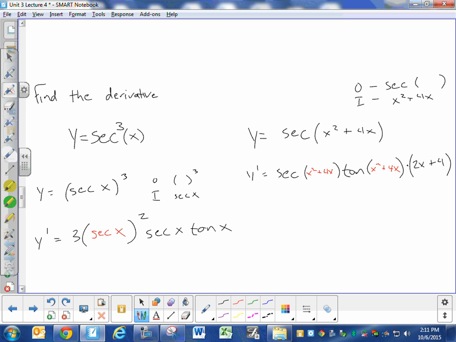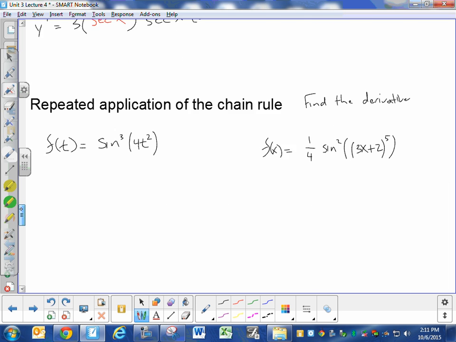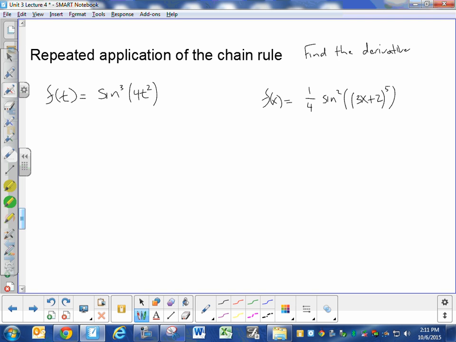Okay, so that's something to keep your eye out for. We might have a composition of 3 or more functions. Let's look at this one first.